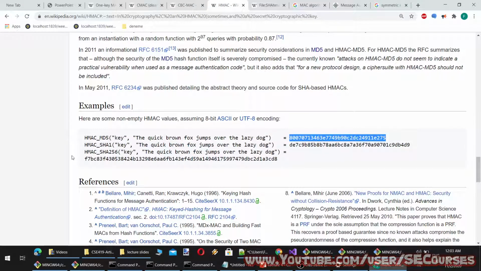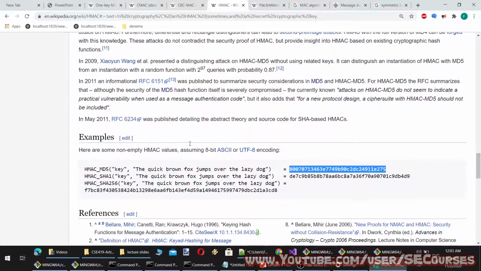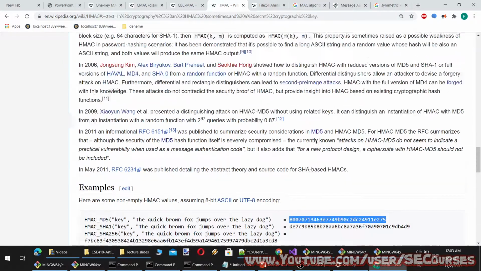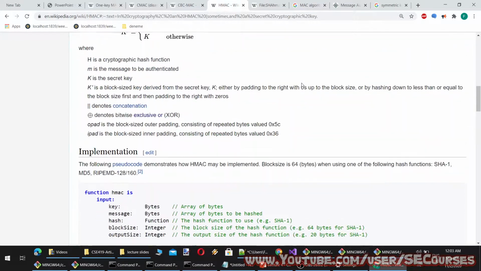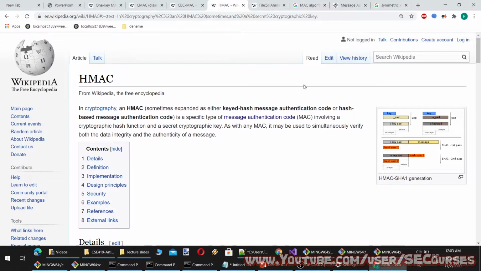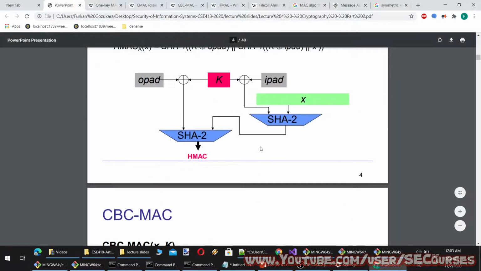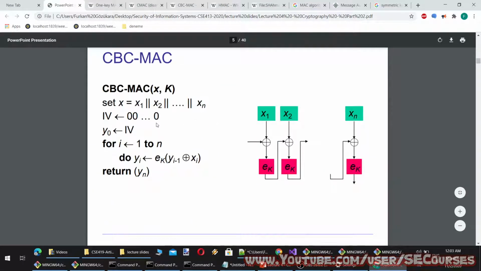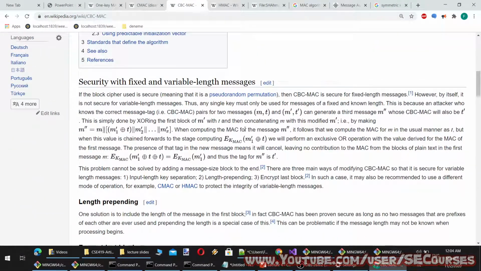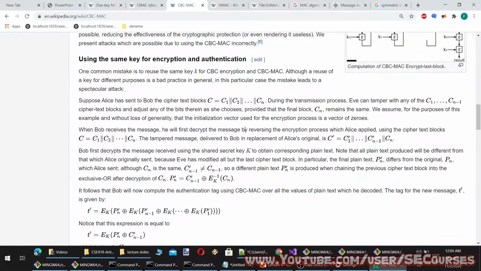It generates this. You can use this easily with MD5, SHA1, and SHA256. And since this works in a single way, it is pretty fast and easy to understand. And then CBC-MAC, which is a bit more advanced way.